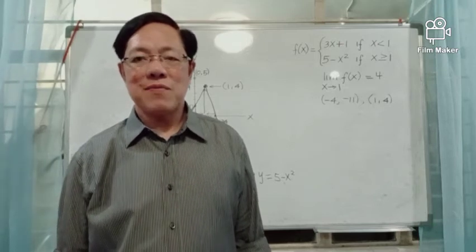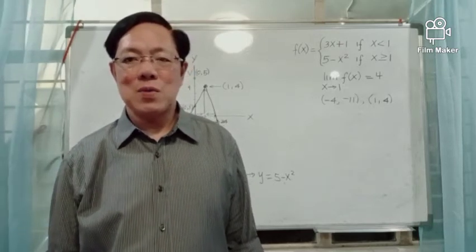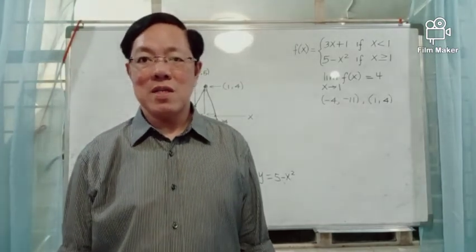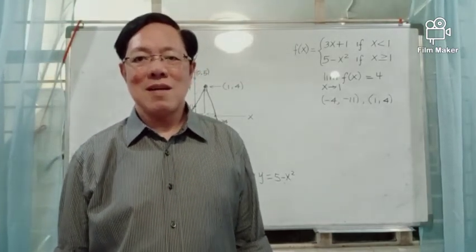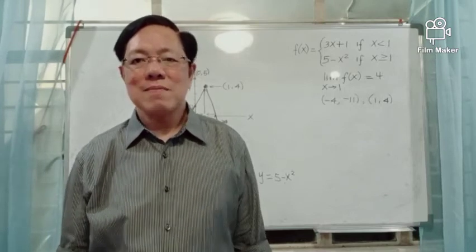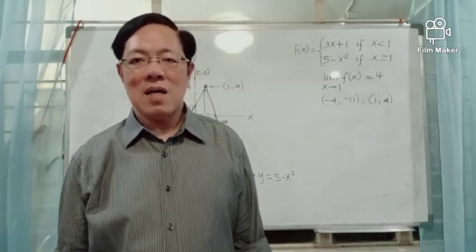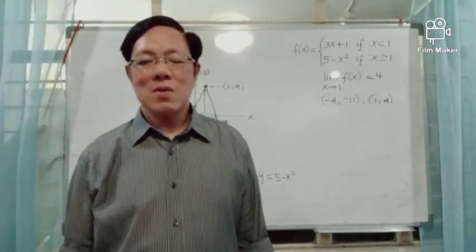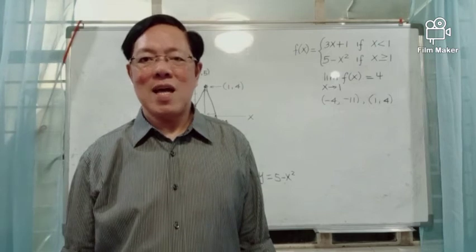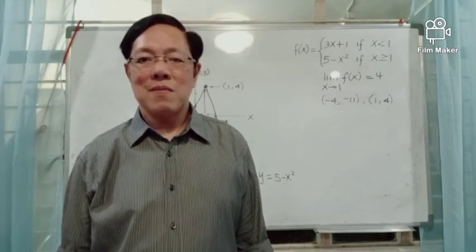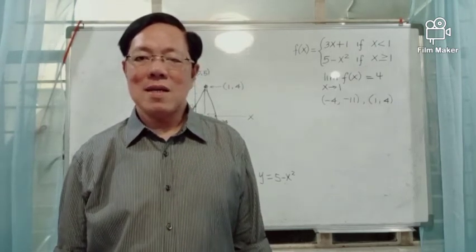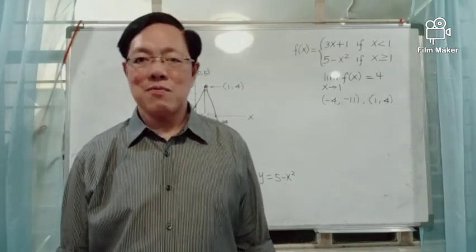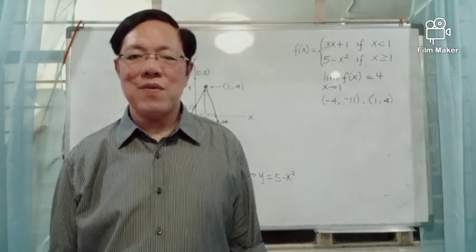When the function is defined by two function values depending on the restrictions imposed on the independent variable, you take the left-hand limit, get the right-hand limit, and if the left-hand limit is equal to the right-hand limit, then you conclude that the limit of the function exists. And that is our first theorem. And in the next lesson, we will take more limit theorems that are useful for evaluating the limits of functions.